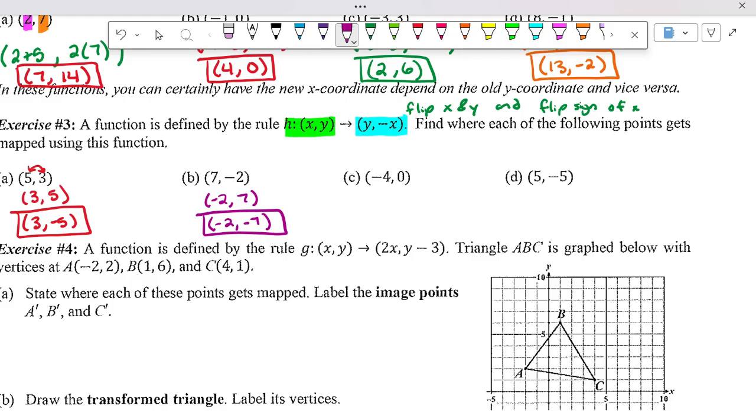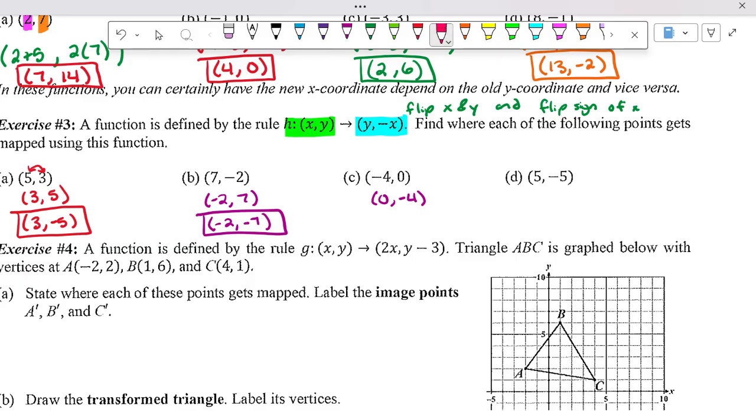All right. We're going to walk through the last two together because we're running low on time. Next one. Someone tell me what to do first. Someone who has not talked yet. Flip the x and the y. So what do I get if I flip it? 0, negative 4. Then what do I do?